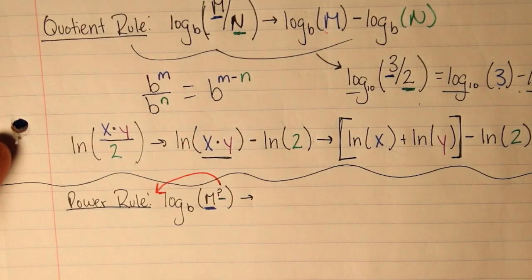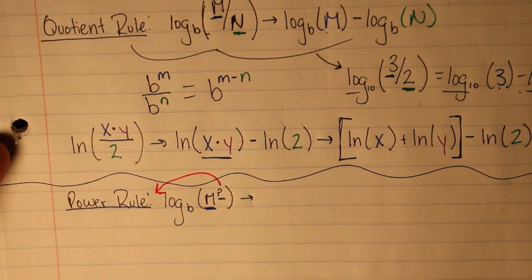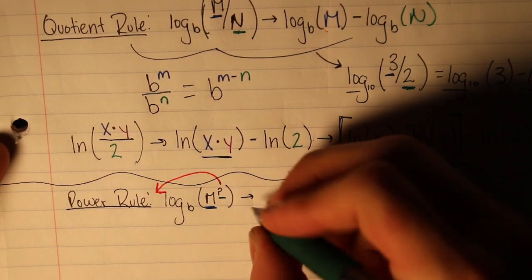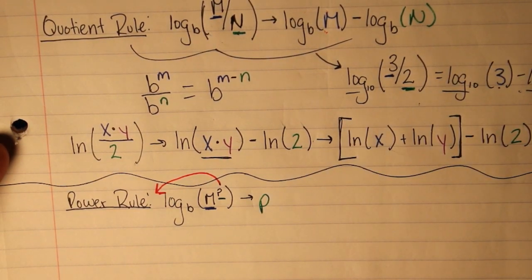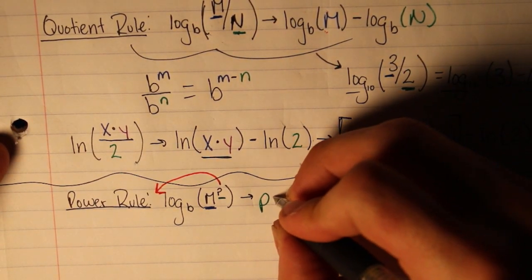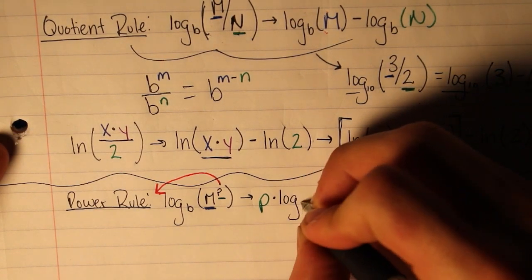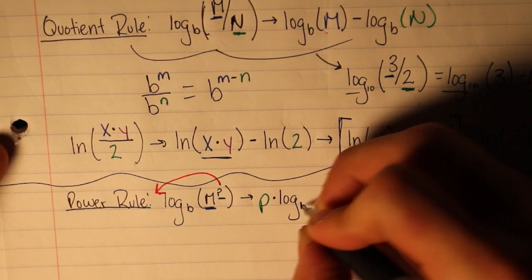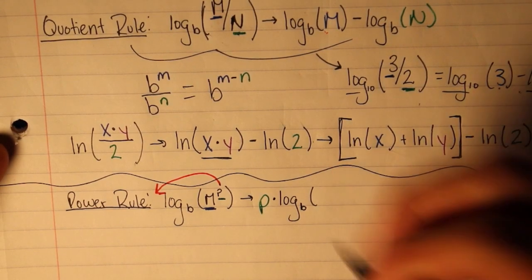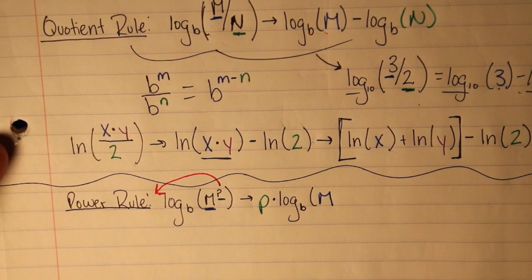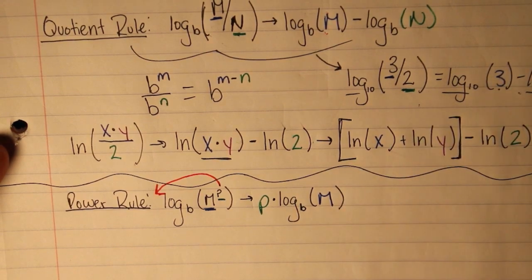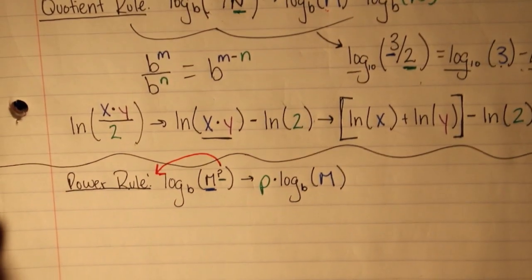That's all we're doing. So that p goes to the front of the log and it'll be multiplied by log base b, and the m stays where it was. You get rid of the exponent and the m stays.